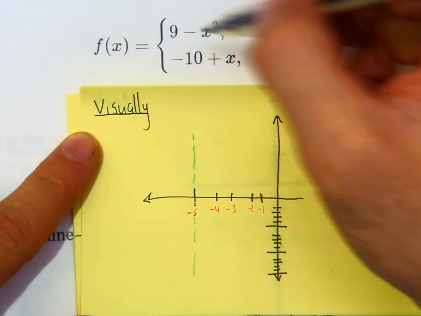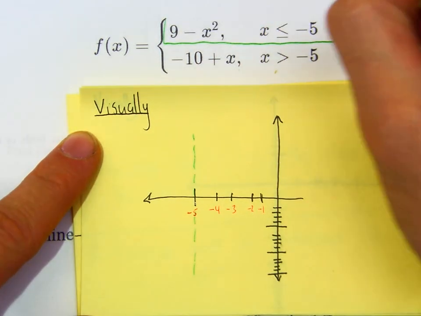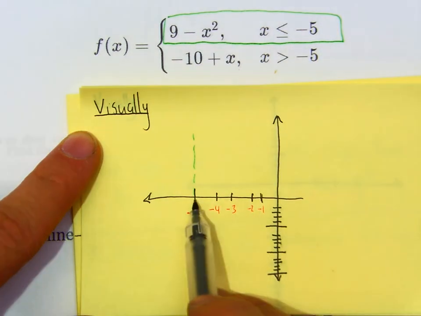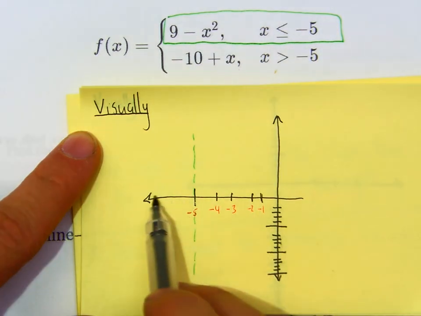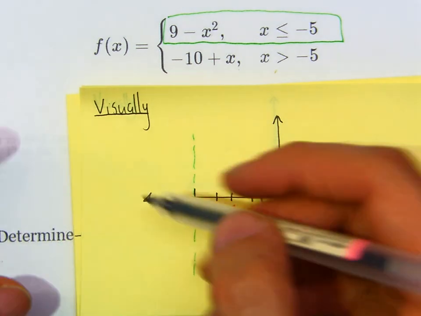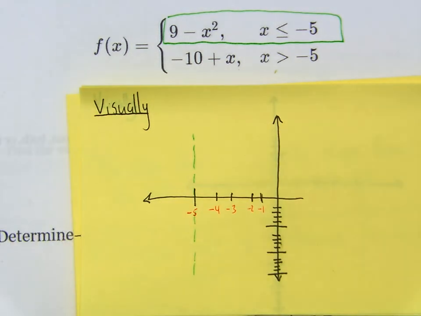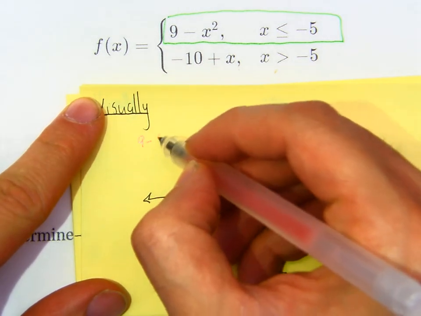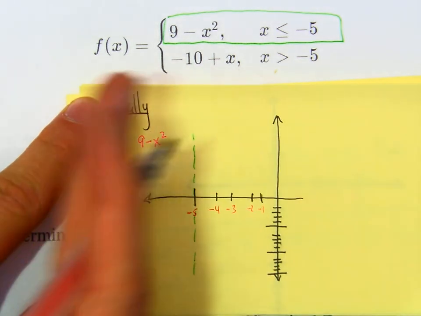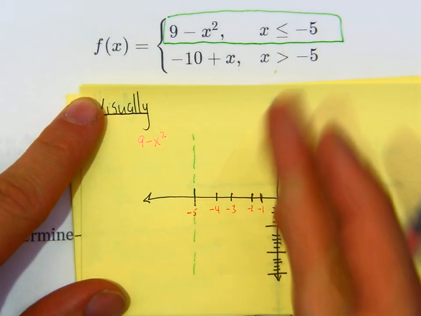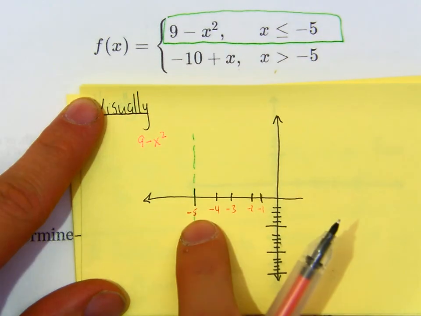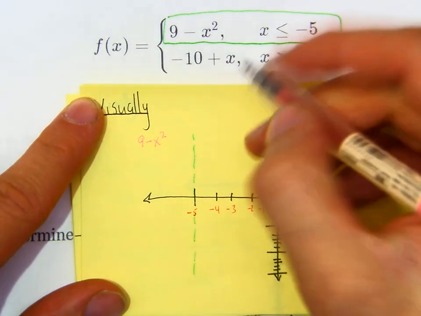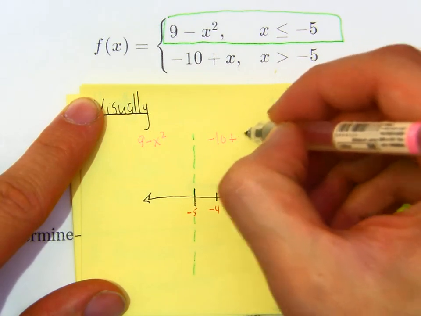It's going to be this function over here, because here you have x is less than or equal to -5. So everything less than or equal to -5 uses 9 minus x squared. What lives to the right of -5? Every x value greater than -5, and that's -10 plus x.